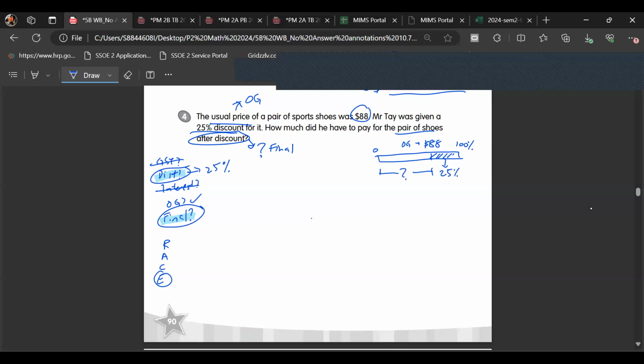So previously we would do step 1, find the discount. That is 25% times $88. After that, step 2, find the amount after discount. That's the final price. That is $88 minus the amount.